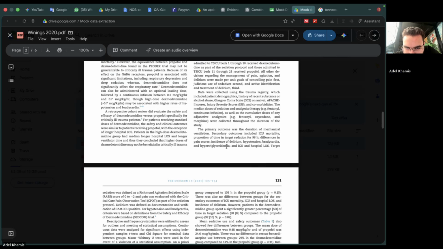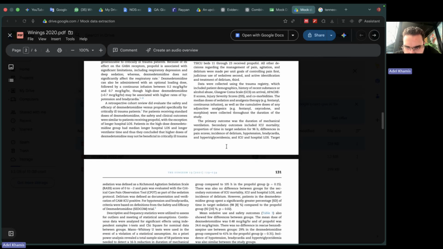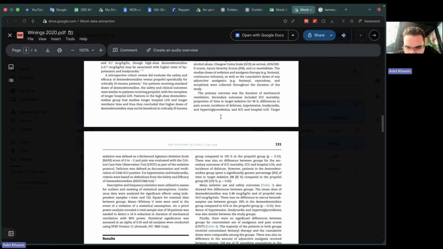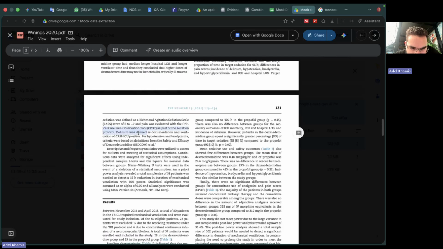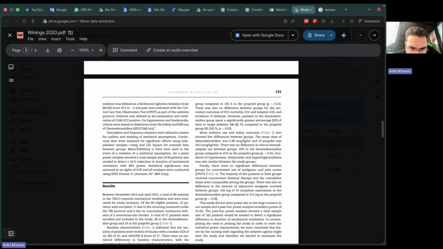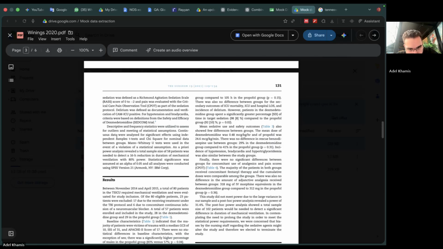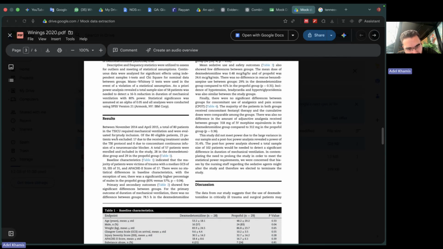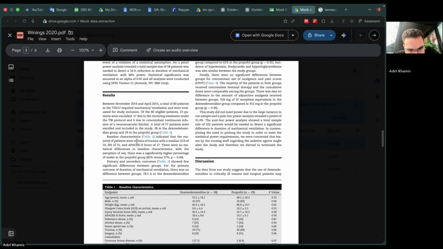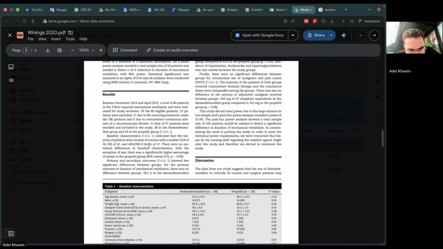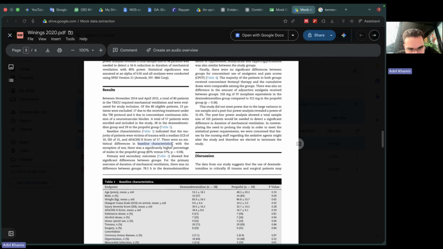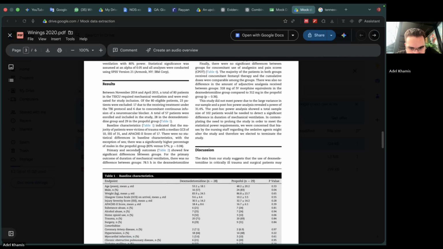I think not. I think they did not mention the baseline ejection fraction at all. Even in the results, I think they did not mention it at all.